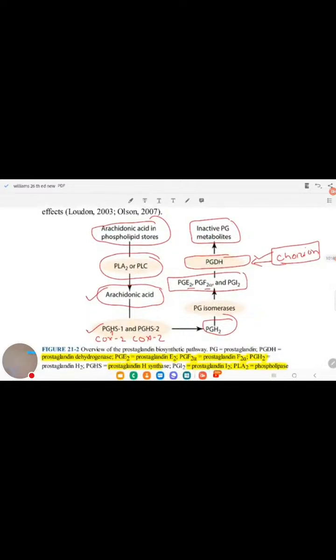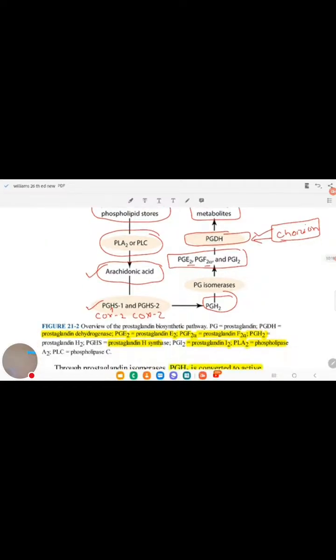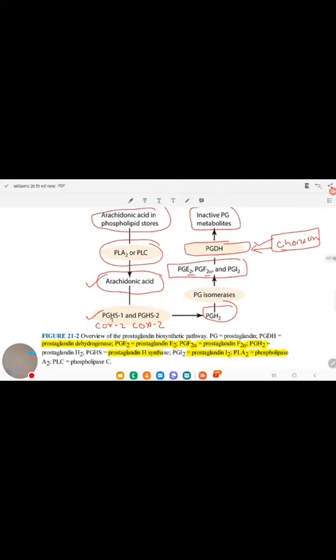This is the pathway. Arachidonic acid in the phospholipid store is released by phospholipase A2 or phospholipase C. This arachidonic acid, with the help of COX-1 and COX-2, that is PGHS1 and PGHS2, is converted into PGH2, and then by PG isomerase into PGE2, PGF2 alpha and PGI2, and these are metabolized.